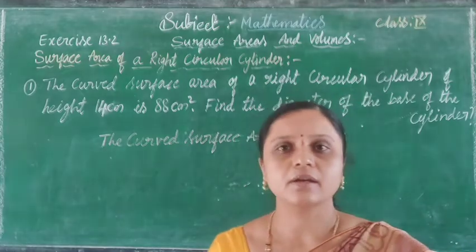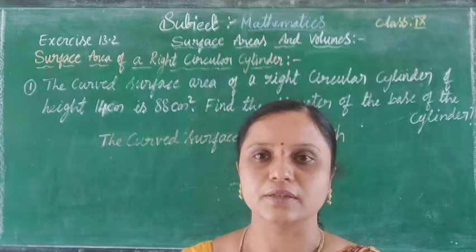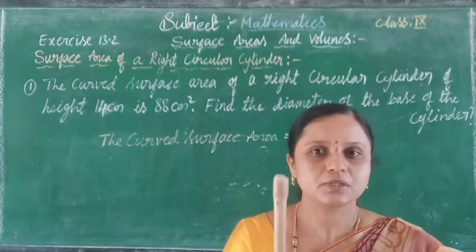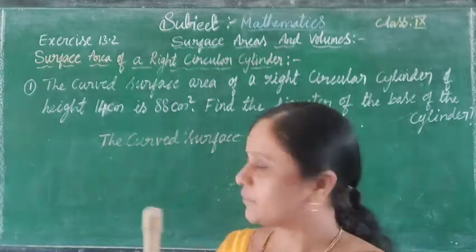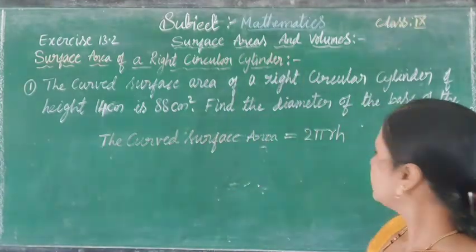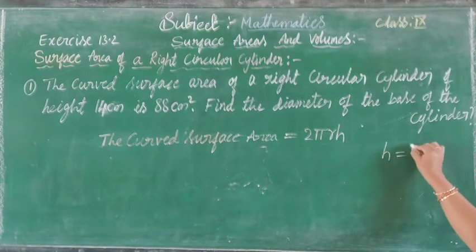When the cylinder comes, we discuss the right circular cylinder. That cylinder is perpendicular to the ground. So that is what a right circular cylinder is. The height of the cylinder is given. That is h. h is equal to 14 centimeter.